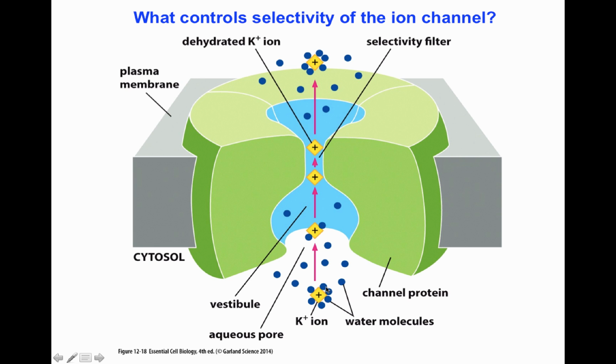So a potassium ion is surrounded by a lot of water molecules, and when it moves inside the channel, it passes by the selectivity filter area, where only the potassium ion and not the adjacent water molecules is able to pass. We're going to look at the mechanism of that in a moment. Once it is past the selectivity filter, the dehydrated potassium ions are then able to encounter more water molecules to rehydrate.